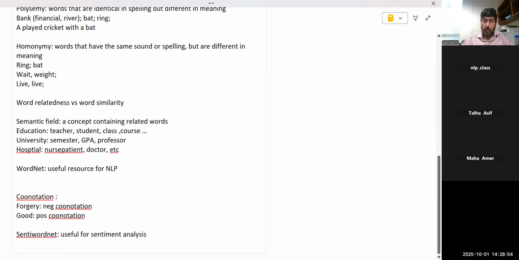There are also sentiment lexicons available, so you can Google them and find many of them. They group words by which are positive, which are negative, and how much positive or negative polarity each has. Many of these are already available and easily usable in your application.